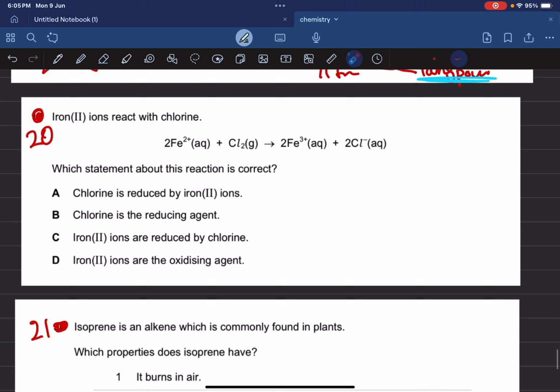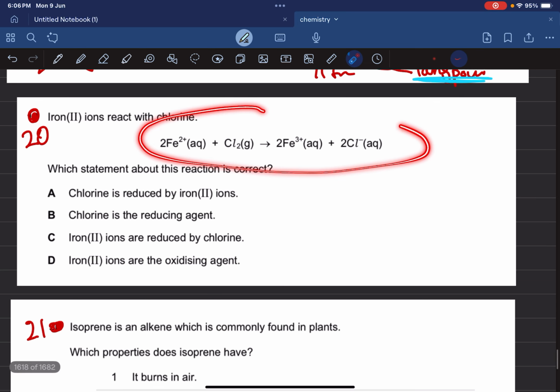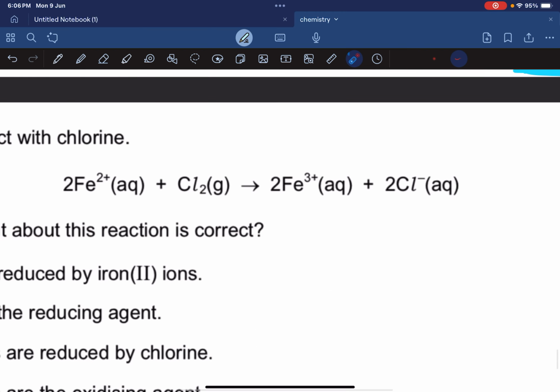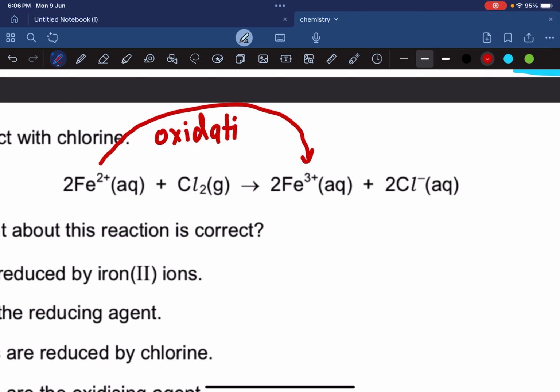Moving on, iron 2 ions react with chlorine. Which statement about the reaction is correct? We have to find the oxidizing and reducing agents. Let's check out. Over here we know that from 2 plus we're going to 3 plus. That is an increase in oxidation number, and that means we are undergoing oxidation, and whatever undergoes oxidation is the reducing agent.